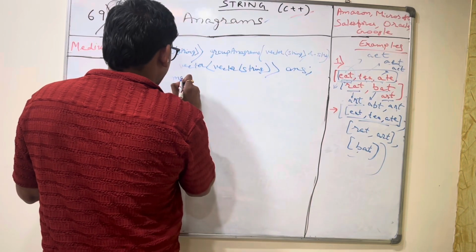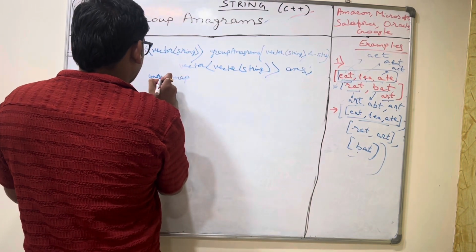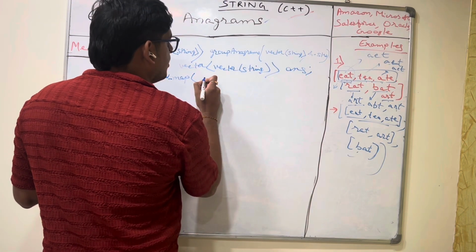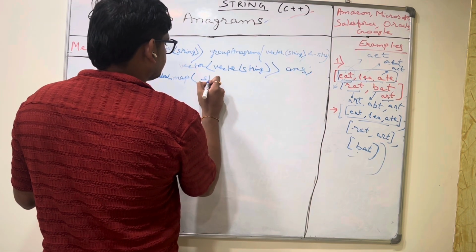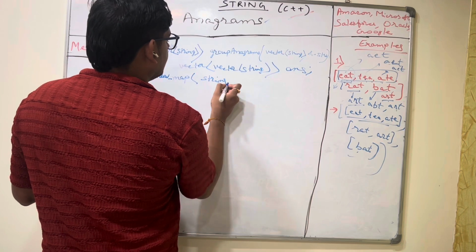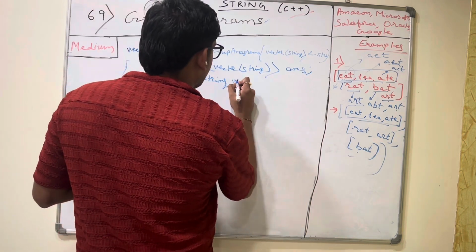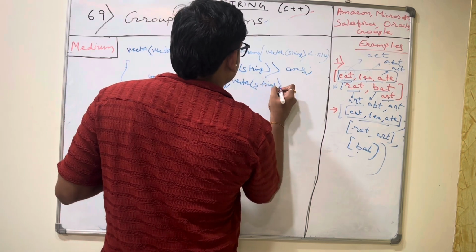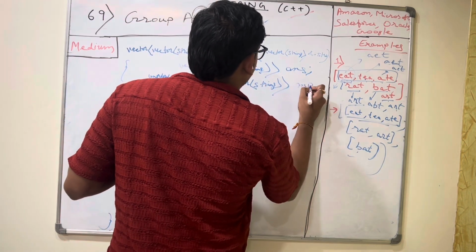So if we take an unordered map, we will have a string as key and a vector of string as value. You will understand why I have taken it like this.